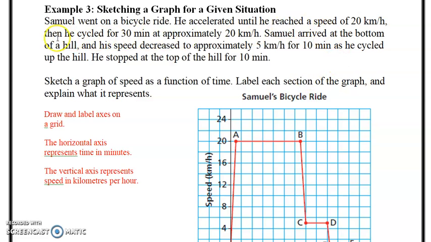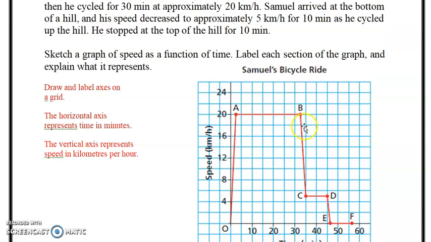Then it said he cycled for 30 minutes. This doesn't mean he stopped. This means he has a constant speed. He kept his speed around 20. So he accelerated, and then kept a constant speed of 20. We're not stopped here, because this is a velocity-time graph, not a distance-time graph. Then B to C is where he decreases speed, so he's slowing down here.